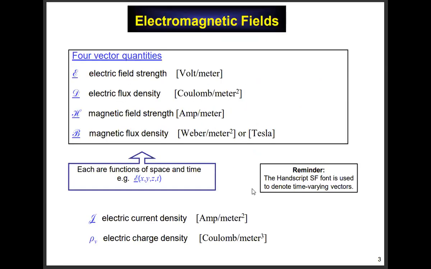First of all, notation. In Maxwell's equations, we see four fields. Here's what they are, and here's what the official units are. E is called the electric field or electric field strength. Remember that if it's in the time domain, these are all the hand script script F, remember?